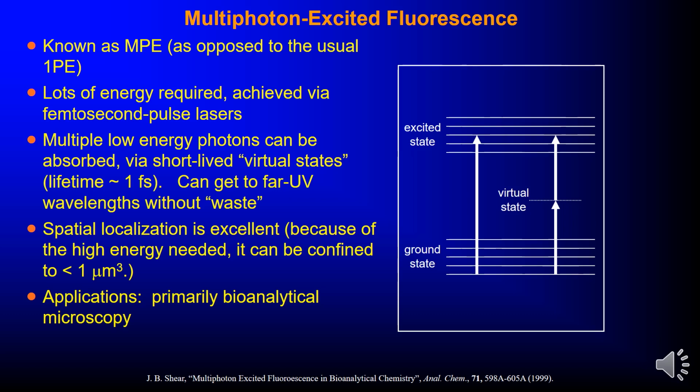Multiple low energy photons can be absorbed via short-lived virtual states. Spatial localization is excellent because of the high energy needed. It can be confined to 1 cubic micrometer.